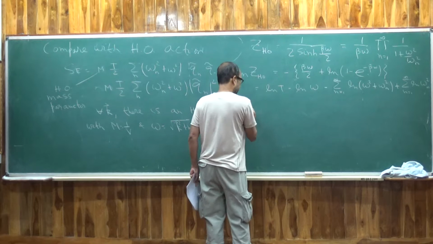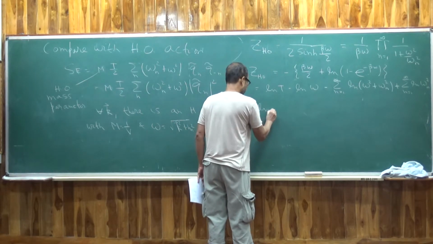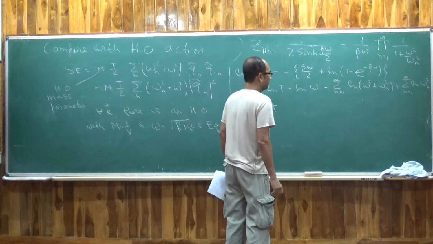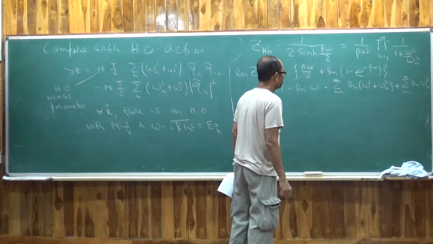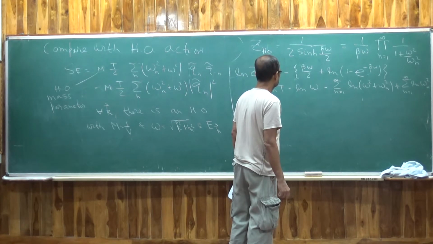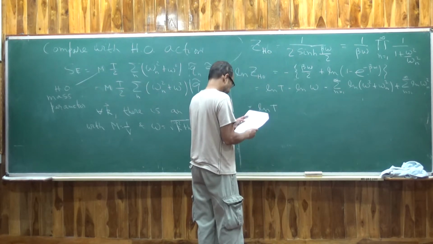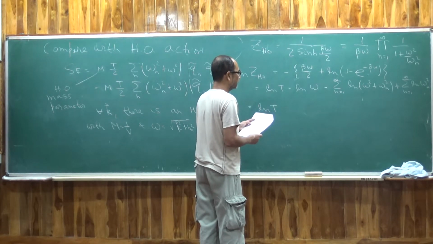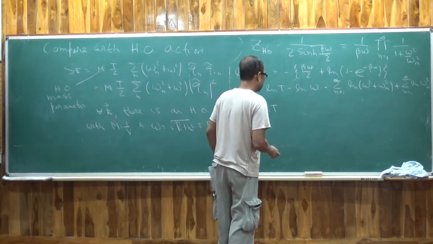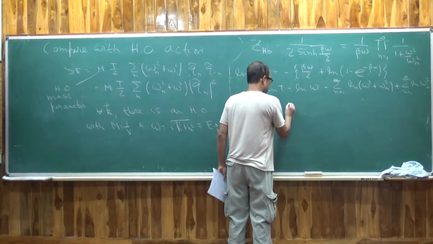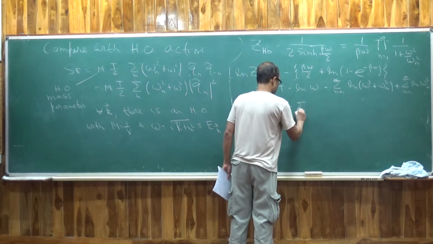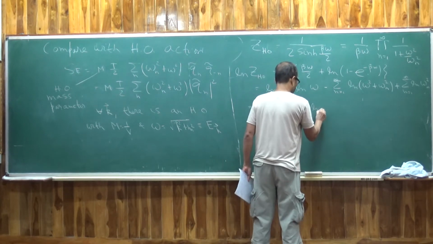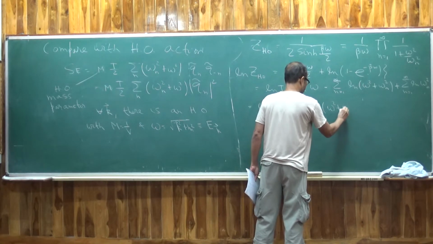So let's just write this a little better. This is log of T minus, let me write this as half sum n equal to minus infinity to infinity log of (ω² + ω_n²).